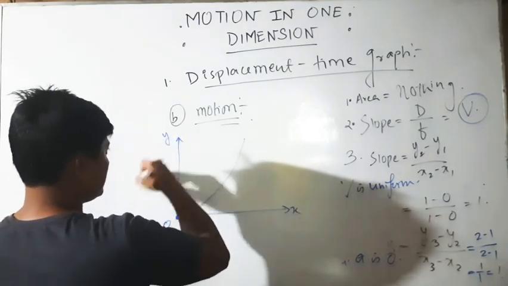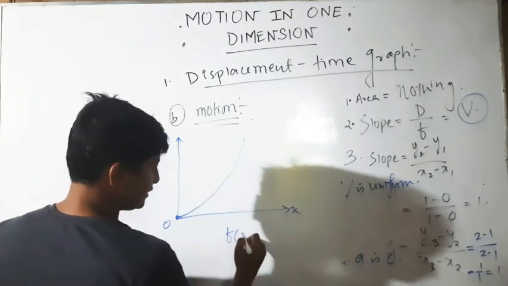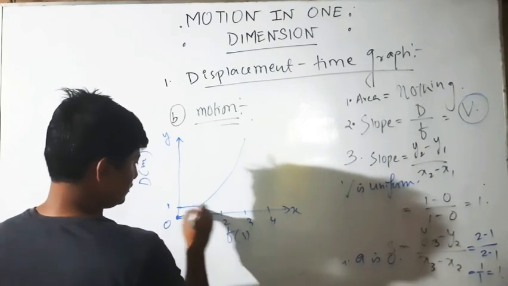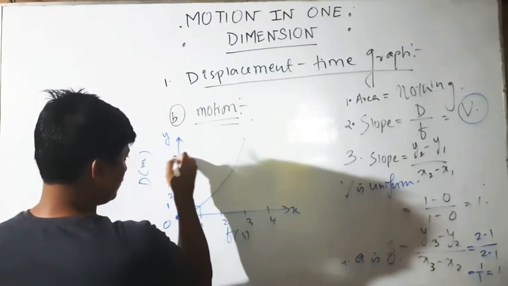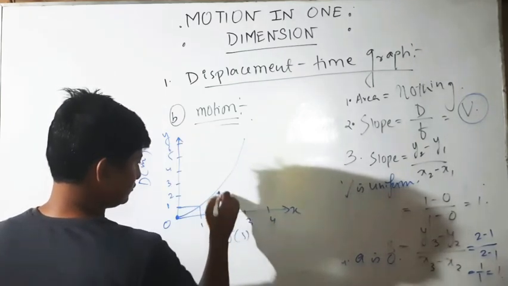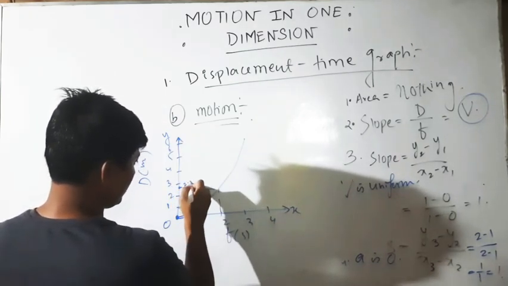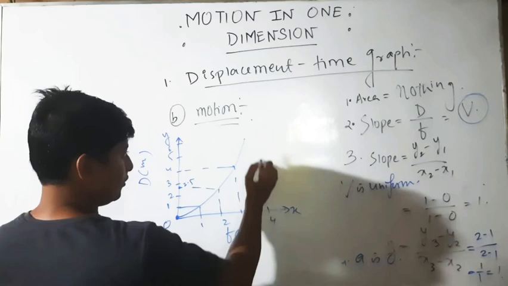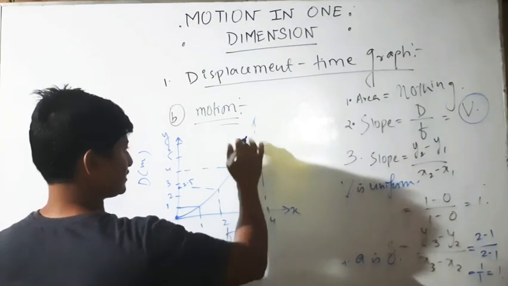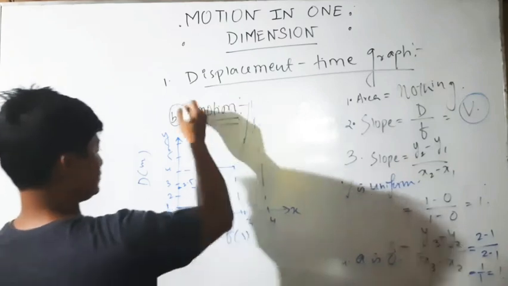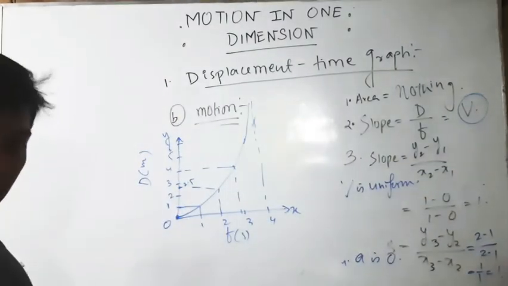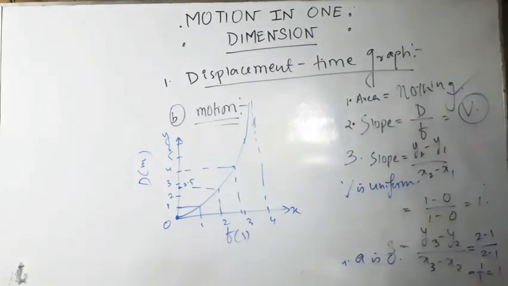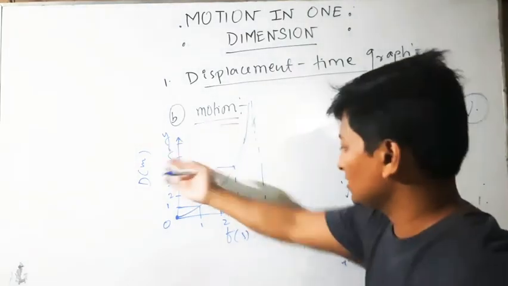This is the x-axis, this is the y-axis, the displacement in meters and the time in seconds. Say for 1 it is 1, for 2 it will give me 2.5, for 3 it will give me 4, and if I extend this graph, it will give me about 9 or 10. Here also the area will give me nothing and the slope will give me velocity. These two remain constant because here it is displacement, here it is time.